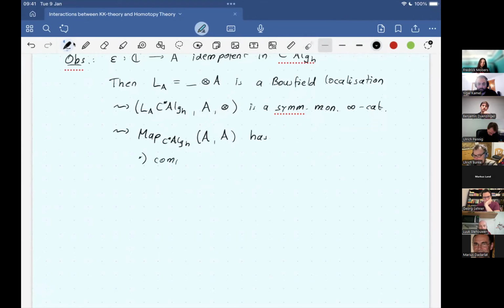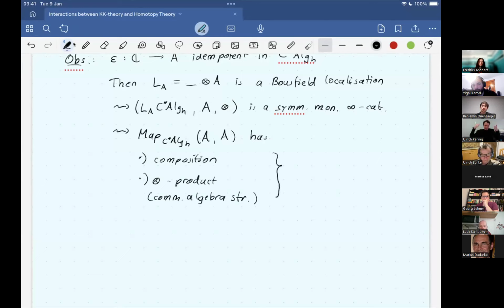So I have the composition and the commutative tensor product structure, and these two fit together. So I have a commutative monoid in monoids, if you like, and there's an Eckmann-Hilton type argument that tells you that actually these two structures are equivalent.